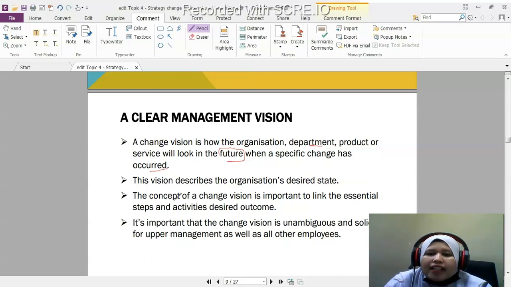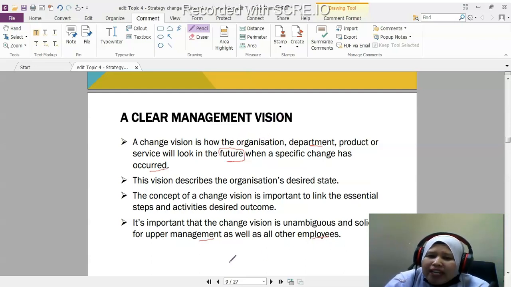Then the concept of a change vision is important to link the essential steps and activities to the desired outcome. It is important that the change vision is unambiguous and solid for upper management as well as the other employees. Not only the top level management needs to know the vision of the organization.